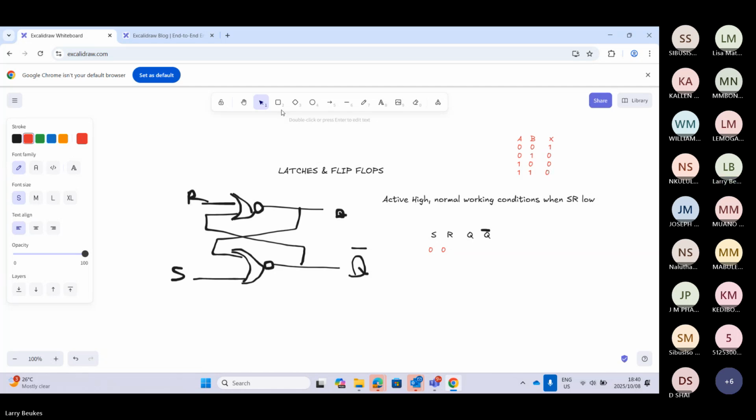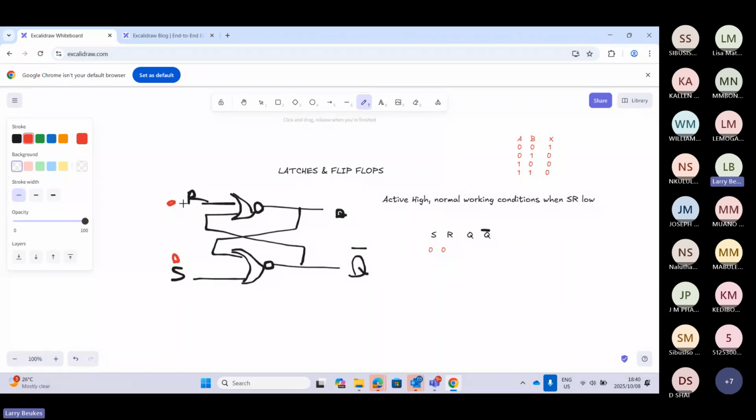So if we have 0 here, 0 here, and then we have again a 0 here, right? What's going to happen?